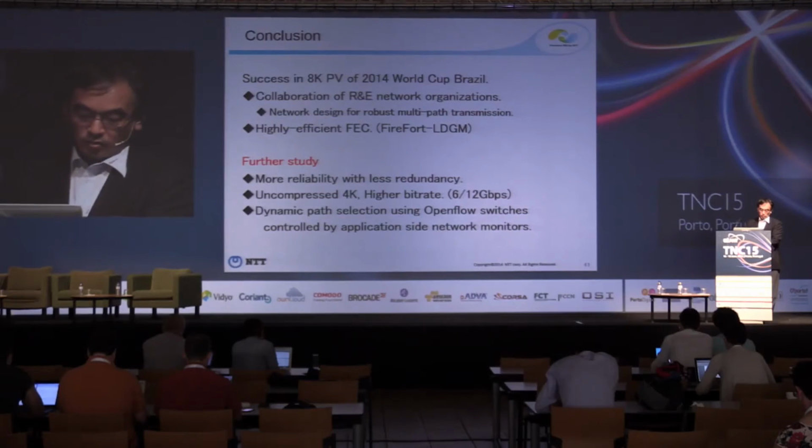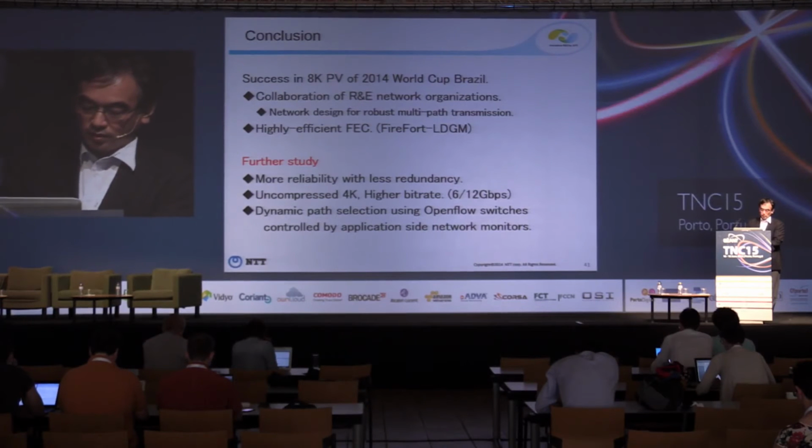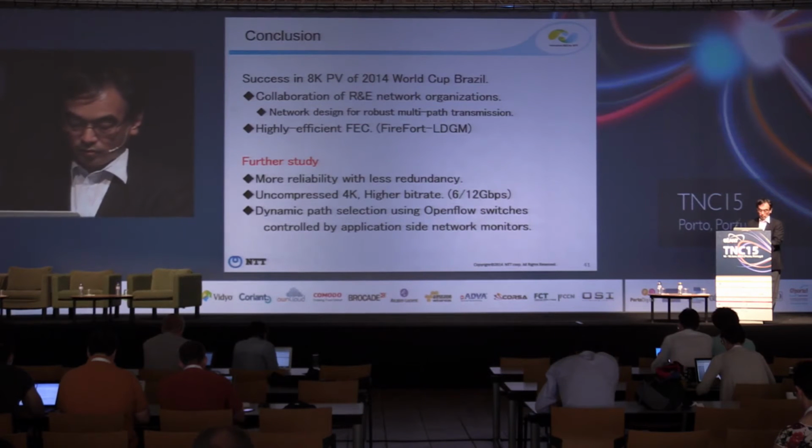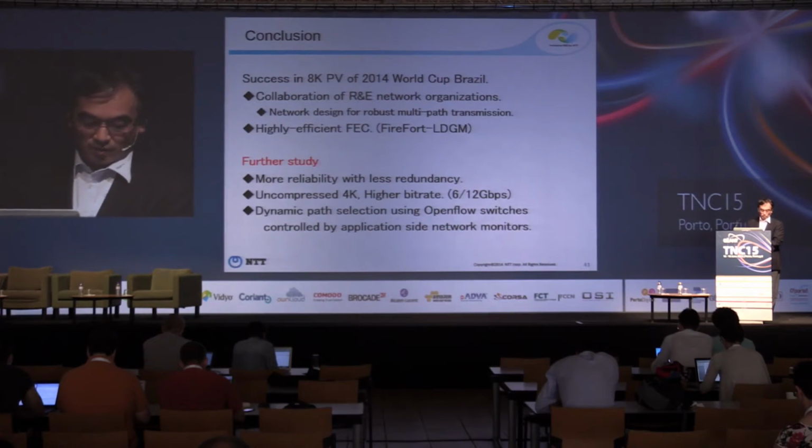So in conclusion, we made an 8K public viewing successfully thanks to all NRENs who supported us. And the next study is to enhance the reliability while reducing the redundancy. Maybe we will never transmit the same transport stream to 5 links simultaneously.